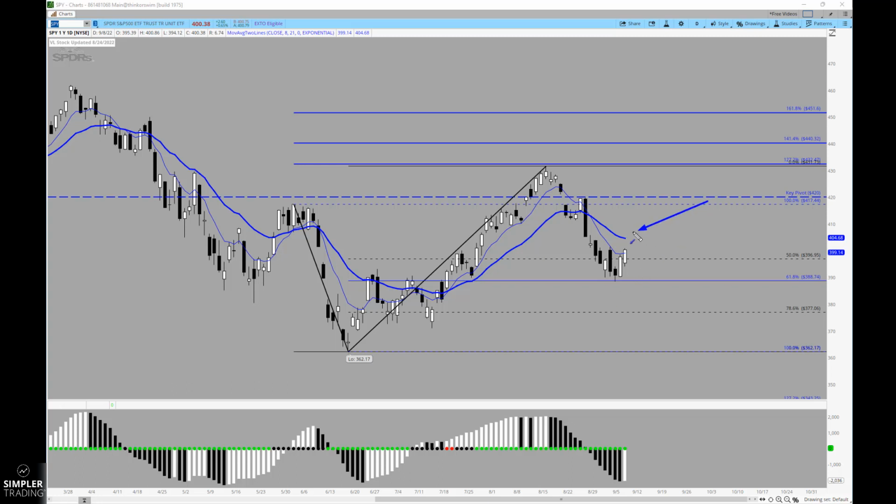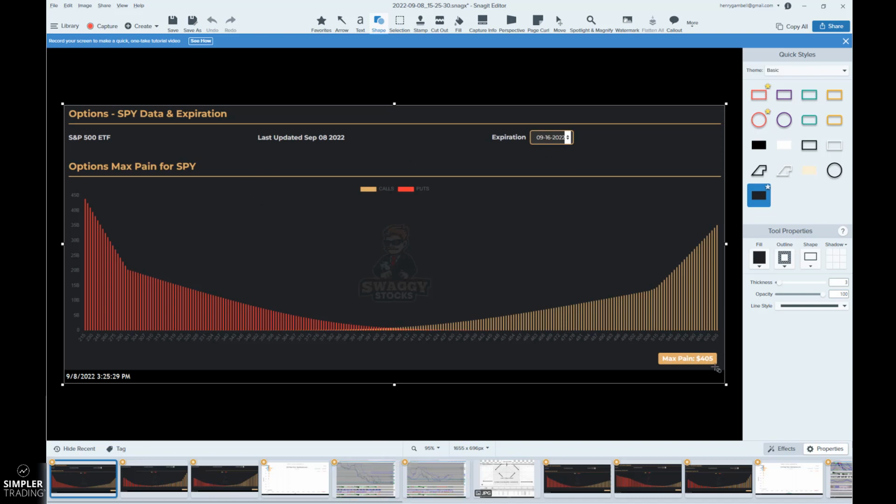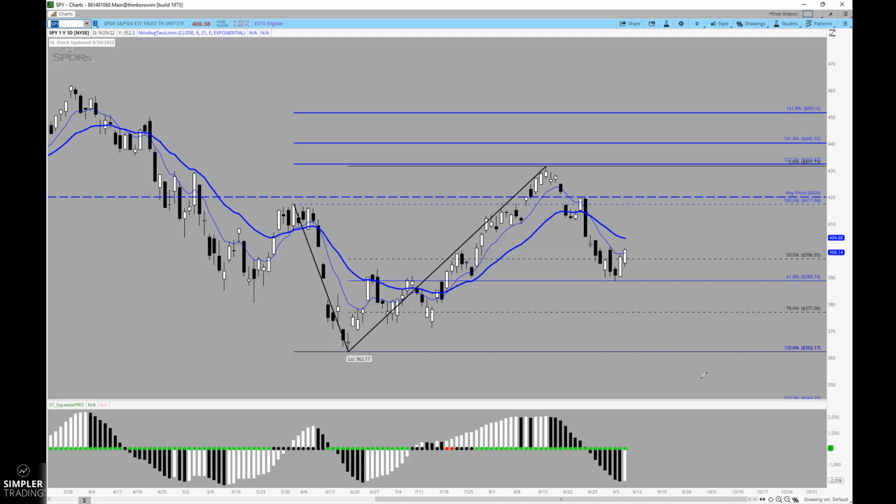I think it is relevant, but you see the 21 EMA at 404.68, and then you look at where max pain would be for that particular expiration, 405. So you are only 32 cents off. I think that's going to be worth carrying forward into the analysis for next Friday.